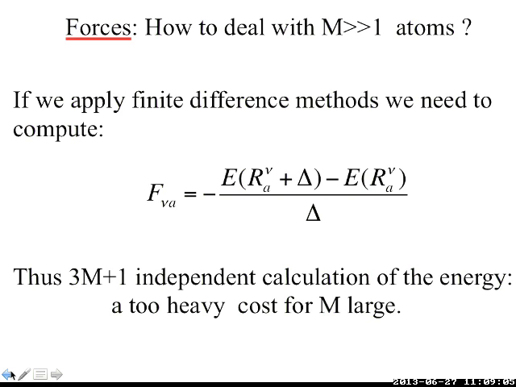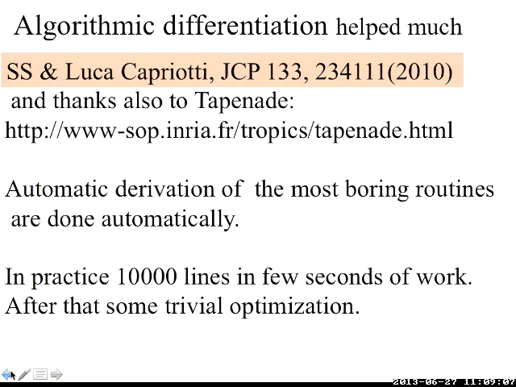Of course, there are several ways to solve this problem. What we have found very useful is to use the concept of algorithmic differentiation. There is some general theory by mathematicians that is heavily used by economists. Actually, my old PhD student is in a bank, so he knows this.